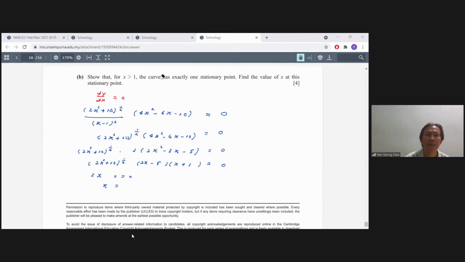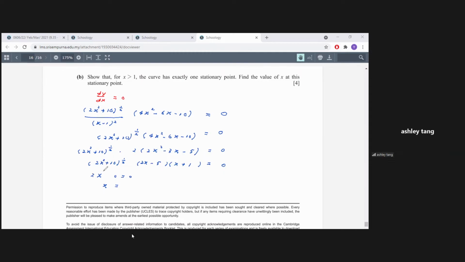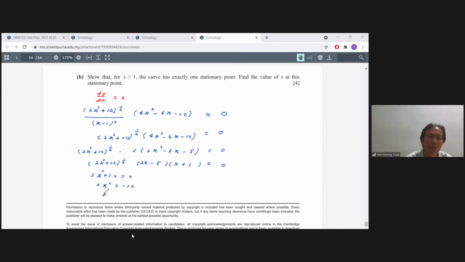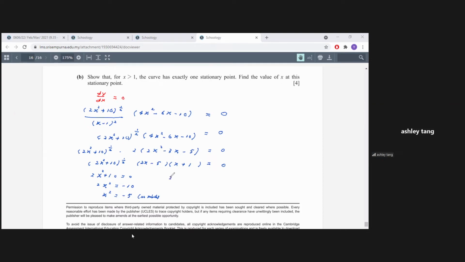So what is x? 2x squared equals to negative 10, x squared is negative 5. Then no solution, so you put there no solution. In the second one, 2x minus 5 equals 0, x equals to 5 over 2.